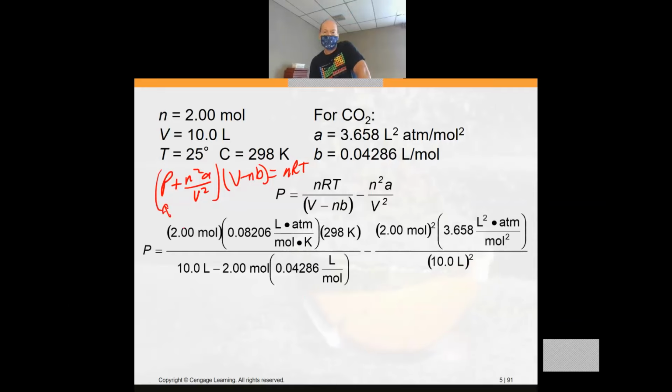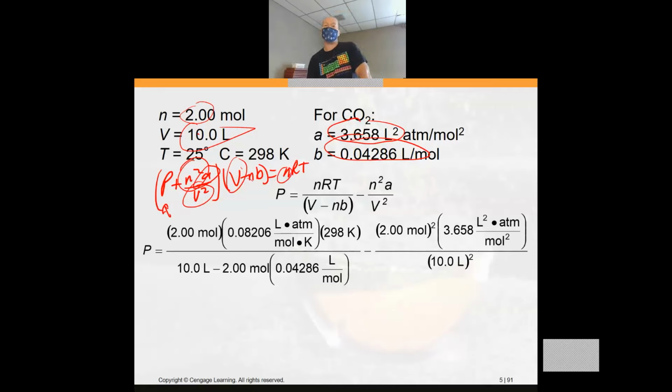What I would highly recommend doing, unless it's multiple choice and it doesn't matter, when it says show all your work, is to leave it just as written and plug in all the numbers. You put in 2 for n, you square it, you put in your a value. You put in your V, that's 10, you square it, you put in your V, that's 10, you put in your n, that's 2, you put in your b, that's given over here, you put in your n, that's 2.